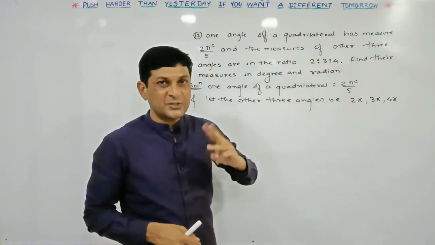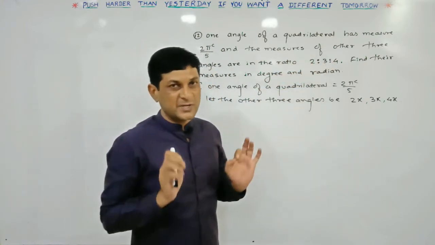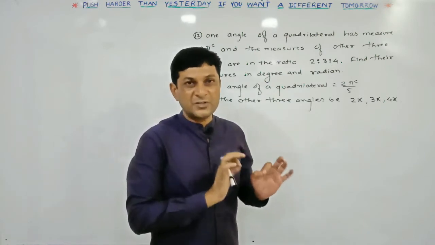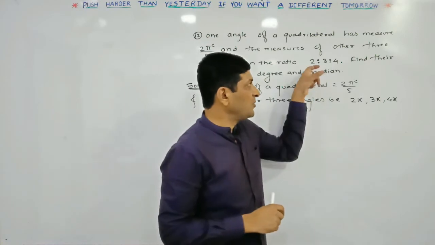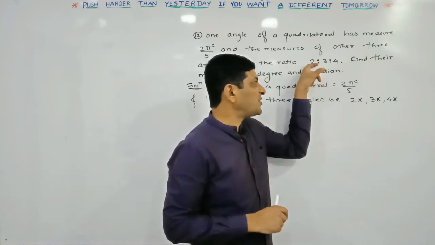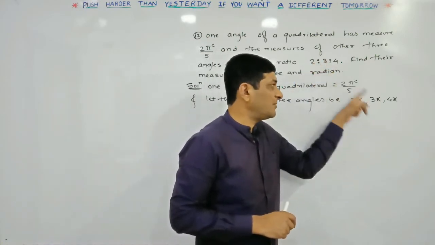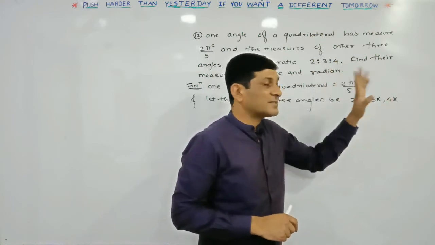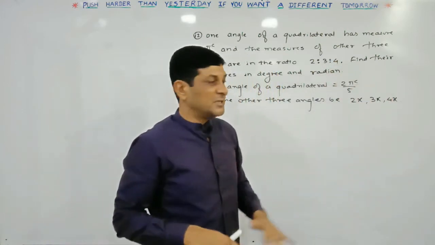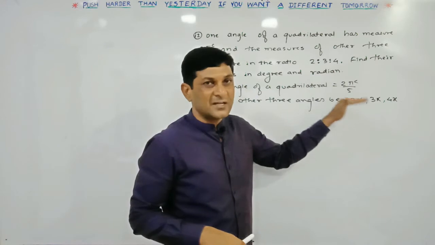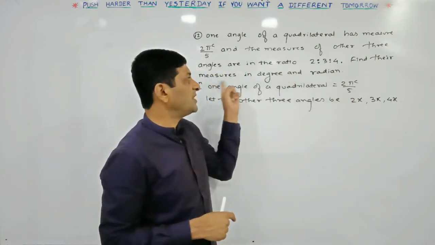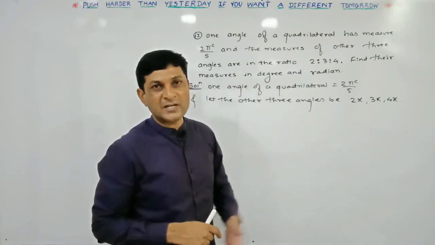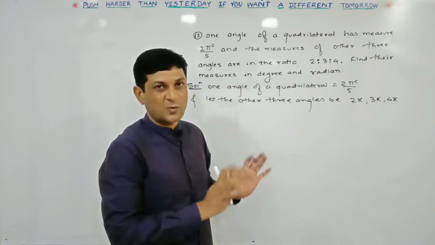Since the ratio of the other three angles is given, and we already know that a ratio can be obtained by cancelling the common factor, here we are denoting the common factor by x. So the first angle will become 2x, the second angle will become 3x, and the next angle will become 4x. In this way we have got the four angles of this quadrilateral. Using this given condition, find the measure of these angles of the quadrilateral in degrees as well as in radian.